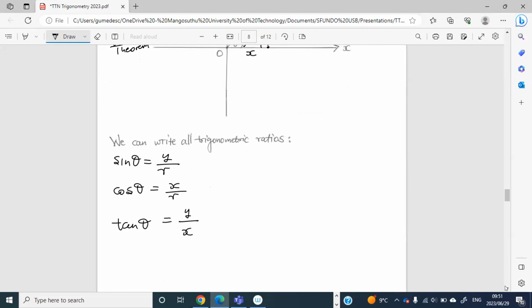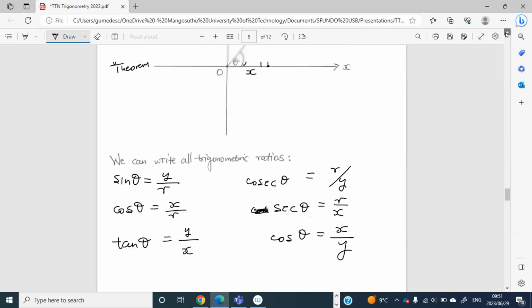Although I won't write them, once you've got sin theta, you can always define cosec theta, and sec theta, as r over y and r over x. You can always define cot theta, which are reciprocals, as x over y.